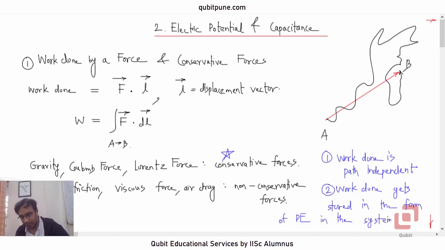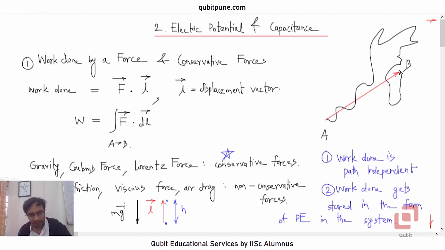Actually it's the negative of that, because if I raise an object from this point to this point by height h, the displacement L bar is in this direction, whereas the gravitational force is acting in this direction.